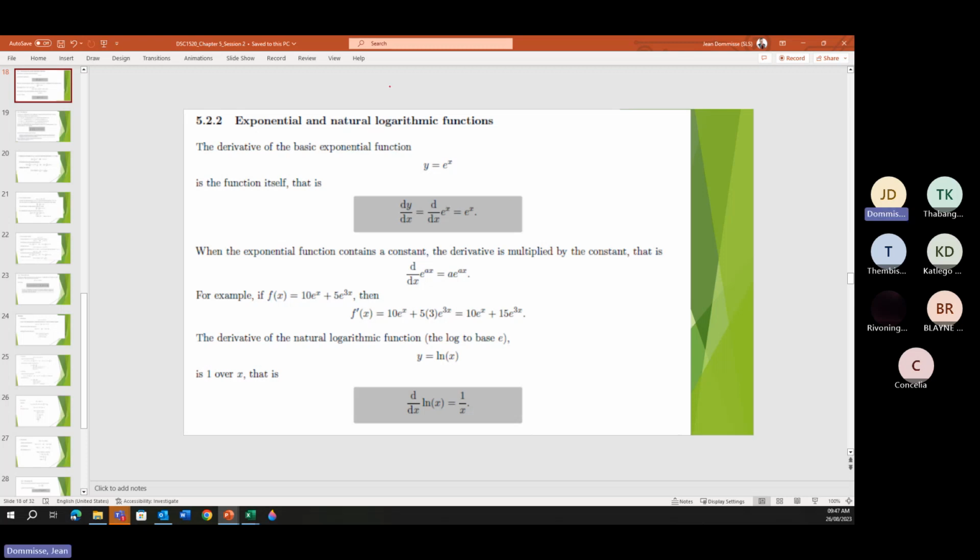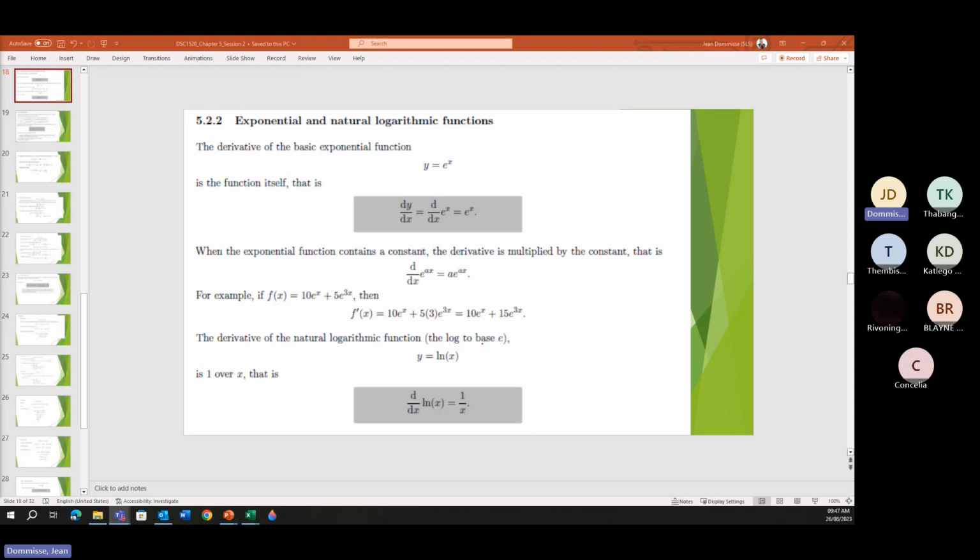So let's go to the next one. The next one that we're looking at is exponential and log functions. What's important here again is that you please don't go and study. You need to know how to use it, so don't worry how you got to it.